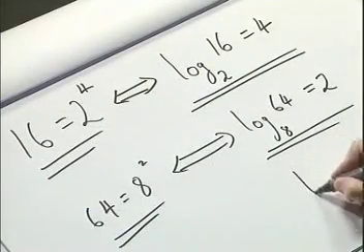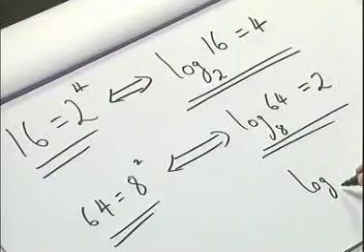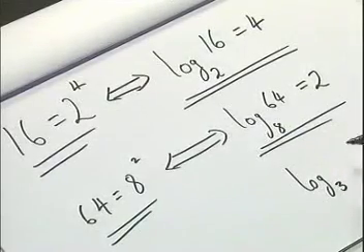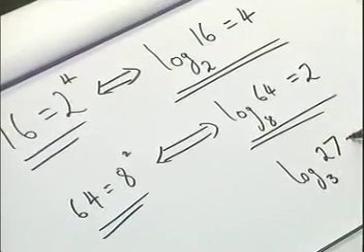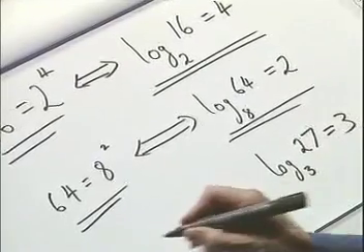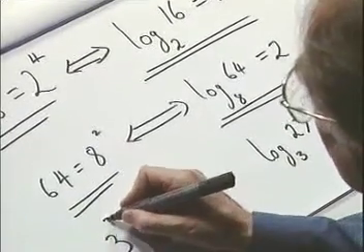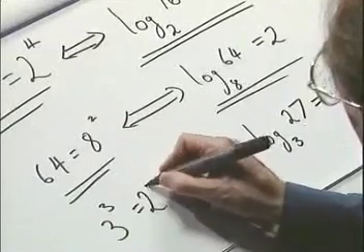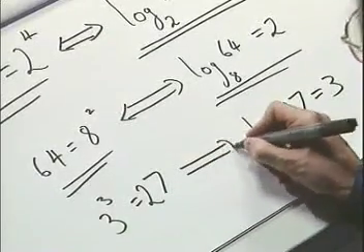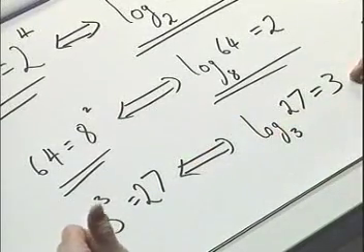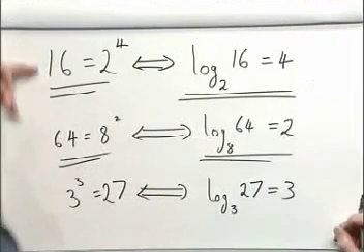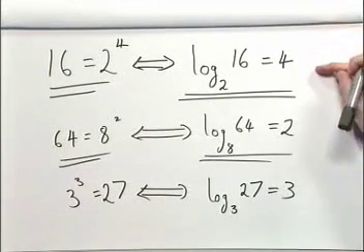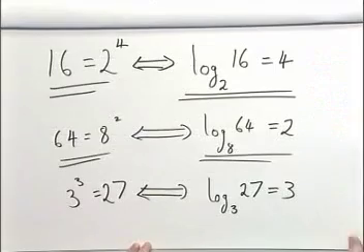So that if on this side I say the log to base 3 of 27 is 3, what I am saying is that 3 to the power 3 is equal to 27. So these statements down the left here are exactly the same as these statements down the right.